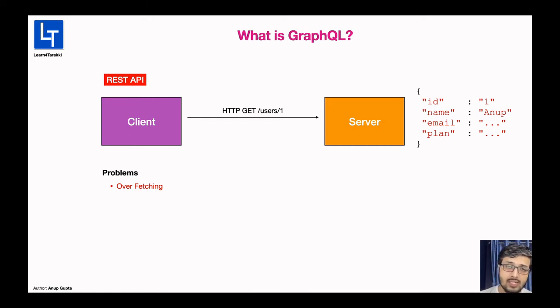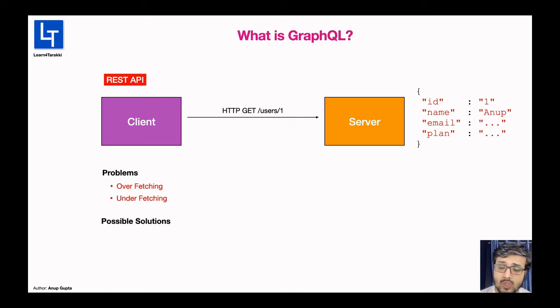So either the client may discuss with the server API creator, okay, please provide me a change in the existing API or provide me a new API to fulfill that requirement, right? So these are the challenges in the REST API where overfetching and underfetching do happen.